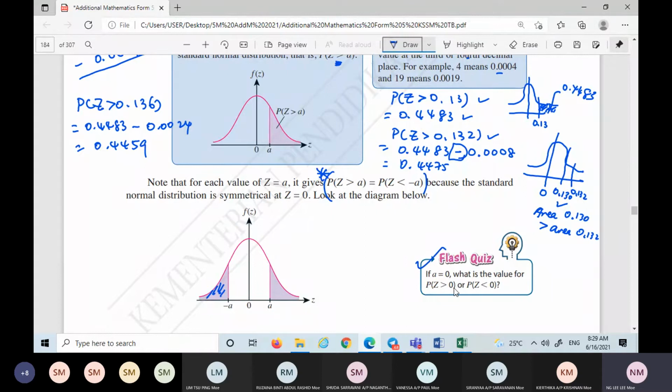What is the value for P, the probability for Z greater than 0? 0.5.